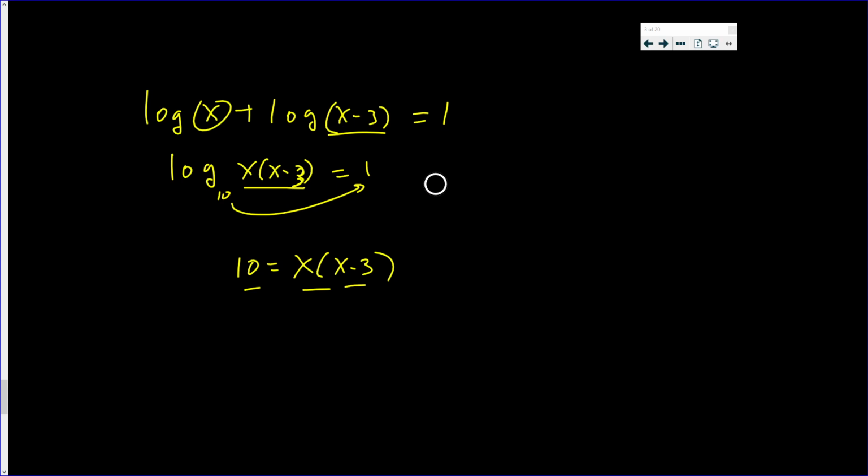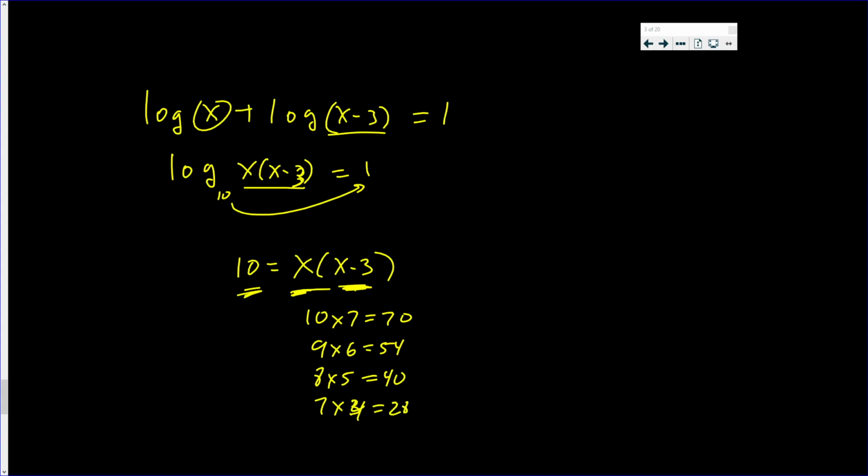Now, what you can do is, this is some number times 3 less should equal 10. Well, 10 times 3 less, that's not 10. 9 times 3 less, that's not 10. 8 times 5 is 40. 7 times 4 is 28. 6 times 3 is 18.